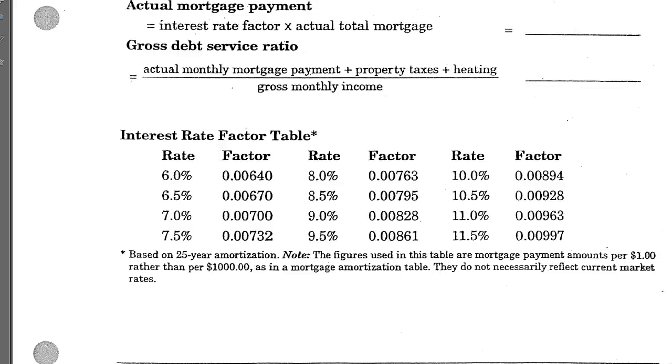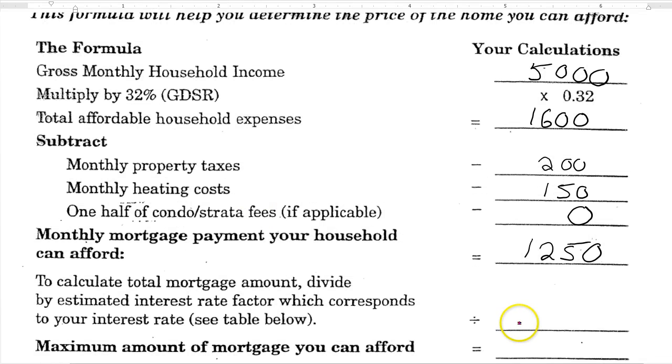We'll go back to our table. 6.5% is right here, so my factor is 0.00670. We'll transfer that over. So I take my 1250 and divide by this very, very small decimal.